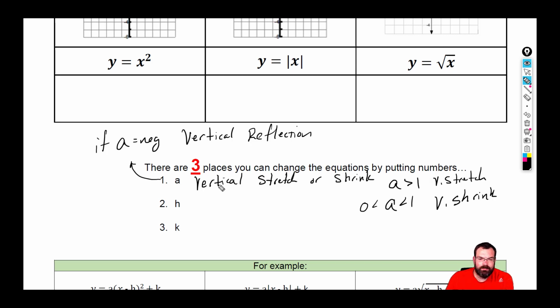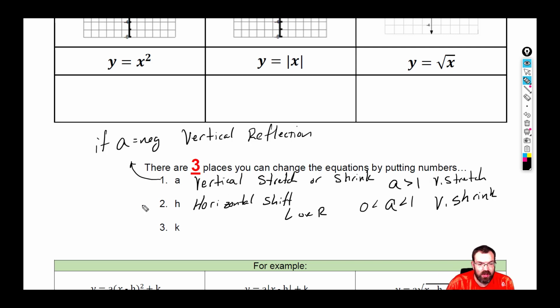What about the h? The h is the horizontal shift. Left or right. Horizontal is left or right.